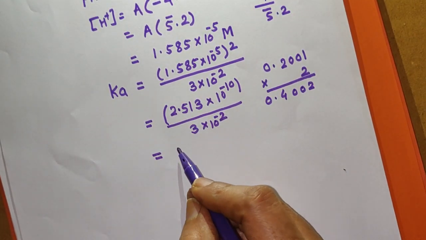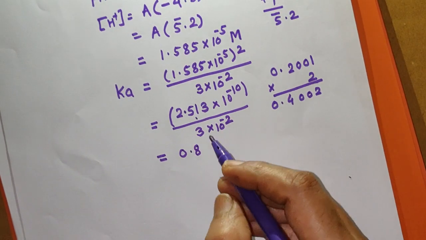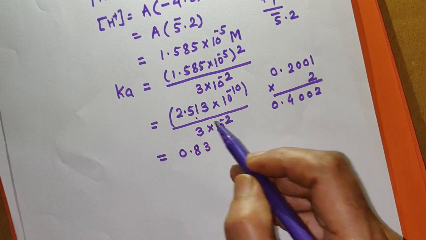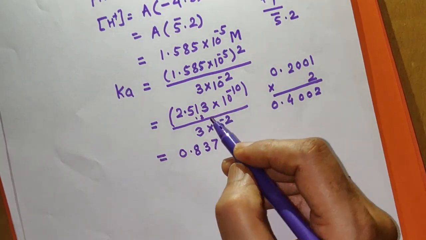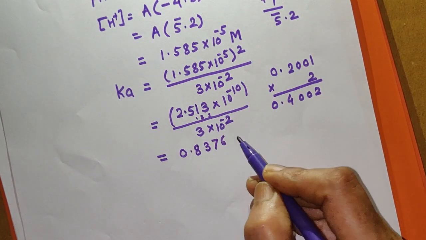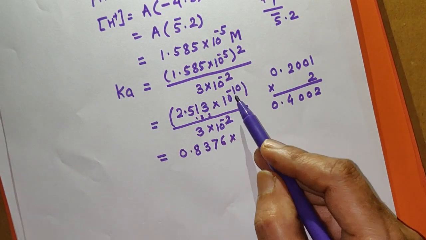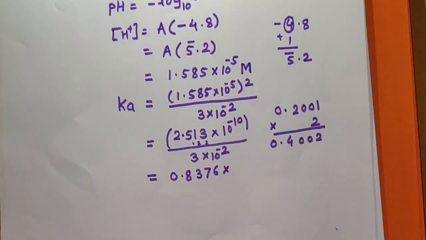3 8s are 24, 1 3 3s are 9, 2 3 7s are 21, 2 3 6s are into 10 raised to minus 10 divided by 10 raised to 2.